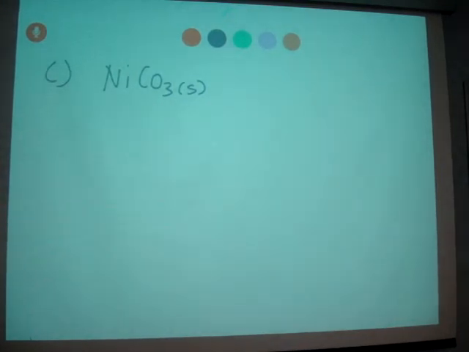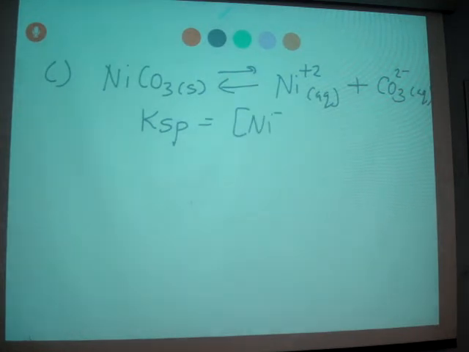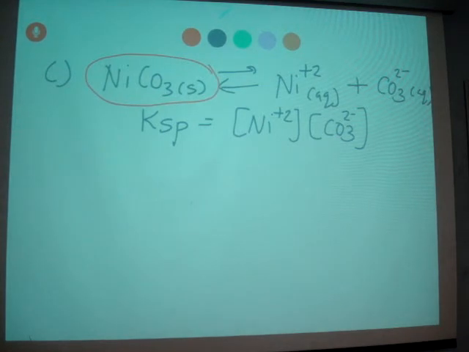So we will write this equation first: Ni 2 plus, which is aqueous, and CO3 2 minus, which is aqueous. When you write the KSP expression, you can say the concentration of Ni 2 plus times the concentration of CO3 2 minus. That's the KSP expression for the NiCO3 salt.